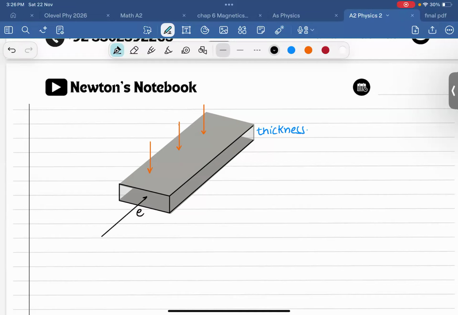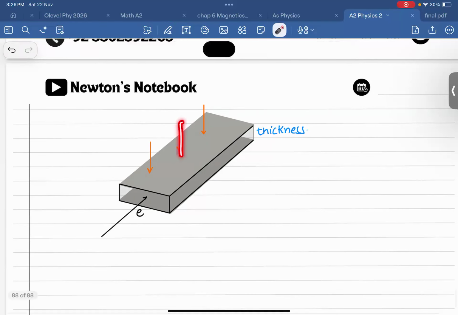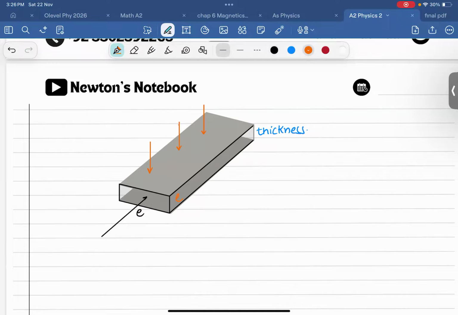If you use Fleming's left hand rule, the first finger should be downward, and the second finger should be in this direction. When you open the thumb, you will see the electrons will start gathering right here. This is where the electrons gather.